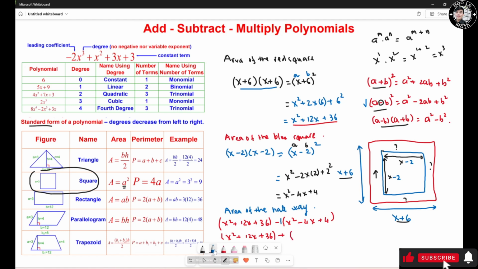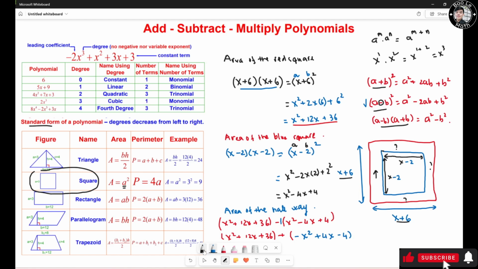That's the way I convert from subtraction to addition of the polynomials. Now, negative 1 times s squared is going to be negative s squared. Negative 1 times negative 4s is going to be plus 4s. Negative 1 times 4 is going to be negative 4.